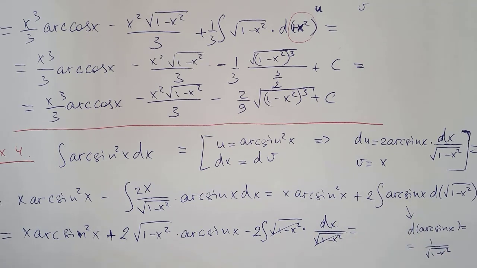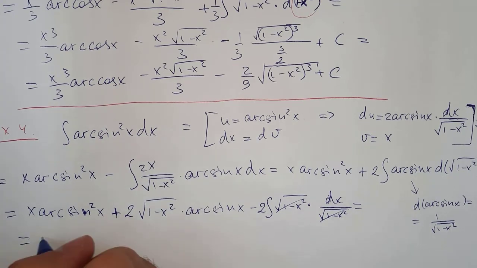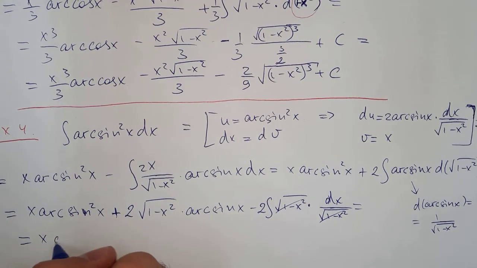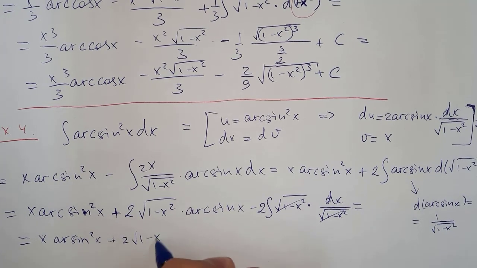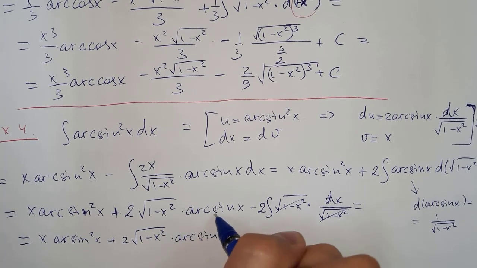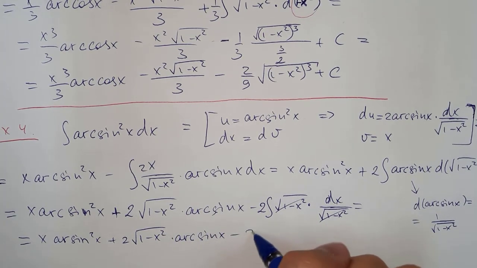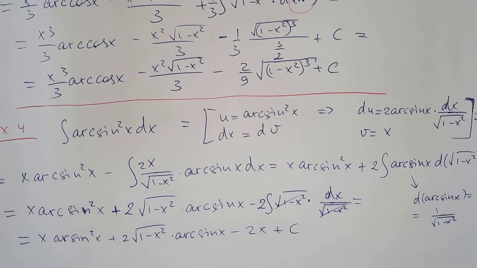So it is now x arc sine square x plus 2 square root of 1 minus x squared times arc sine x minus 2x plus c. This is the final answer.